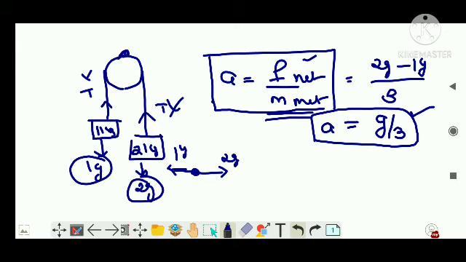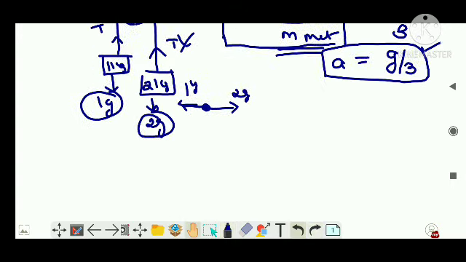Now the same scenario you can take here. In the same system they will ask another type of question also. You have an additional mass here, say 1 kilogram again, which is connected to this 2 kilogram.